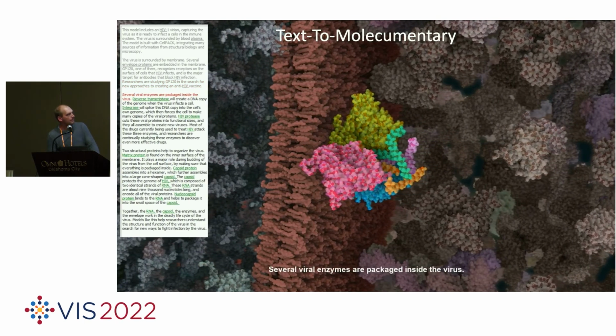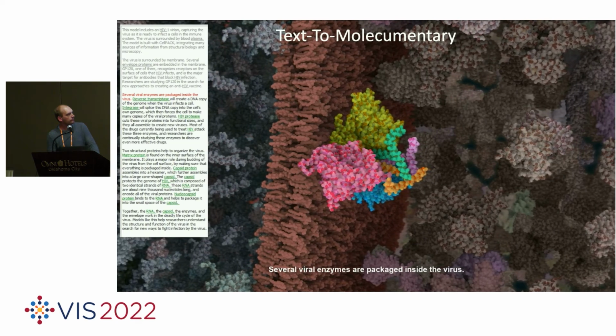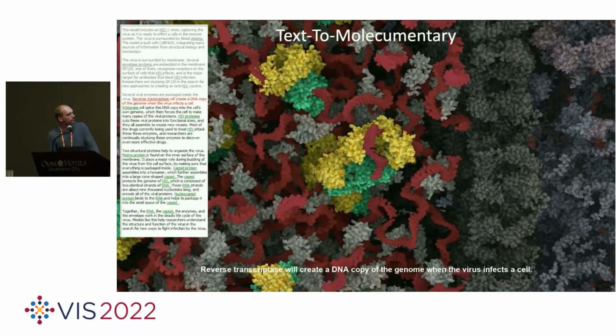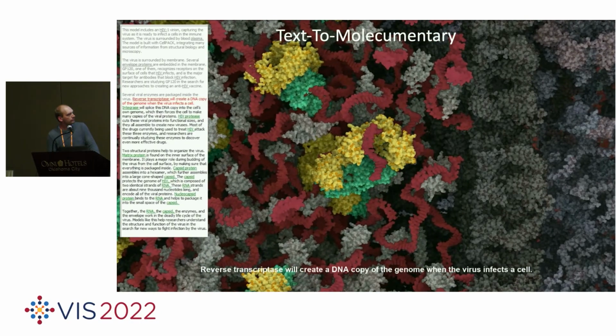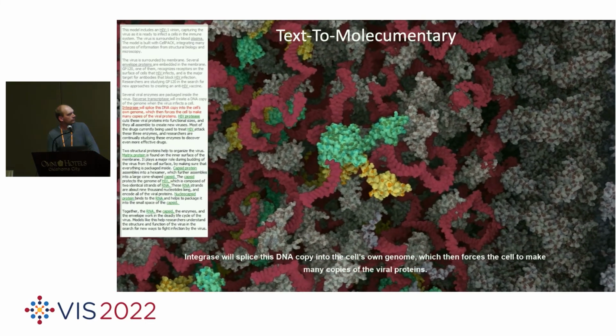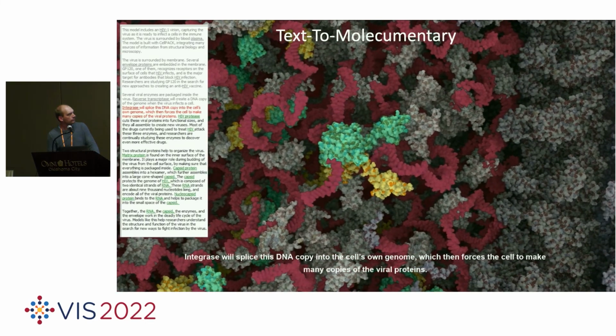Several viral enzymes are packaged inside the virus. Reverse transcriptase will create a DNA copy of the genome when the virus infects a cell. Integrase will splice this DNA copy into the cell's own genome, which then forces the cell to make many copies of the viral proteins.